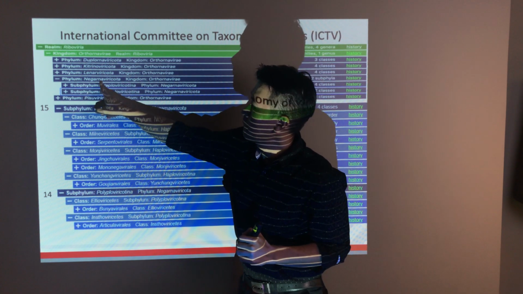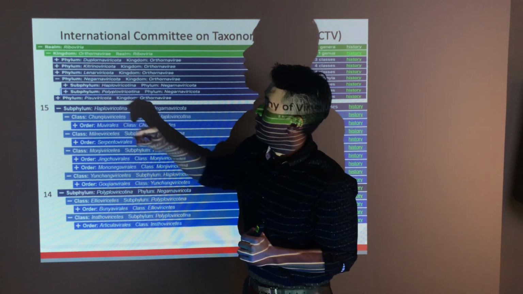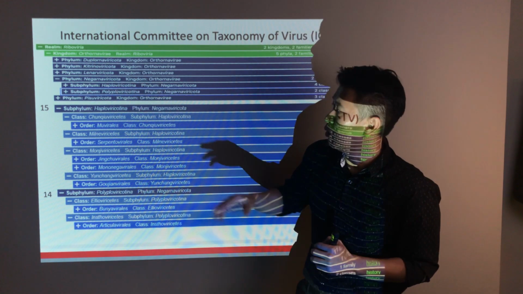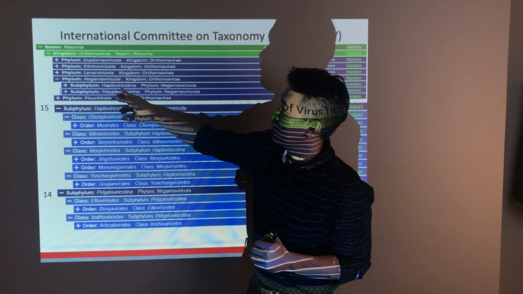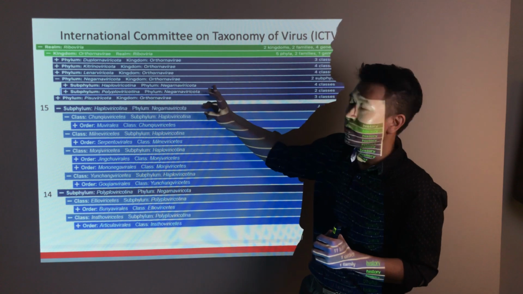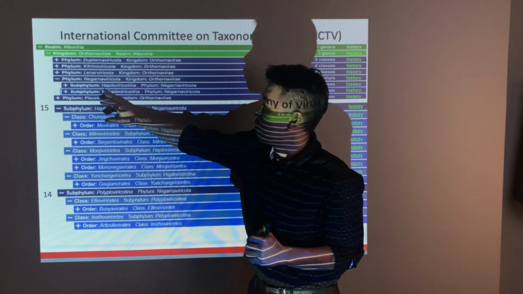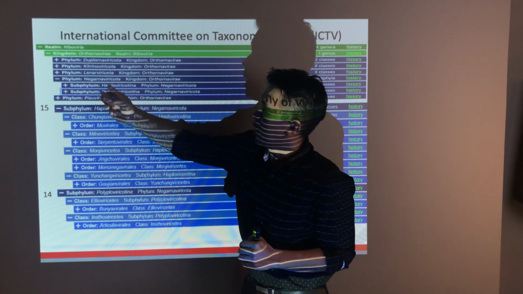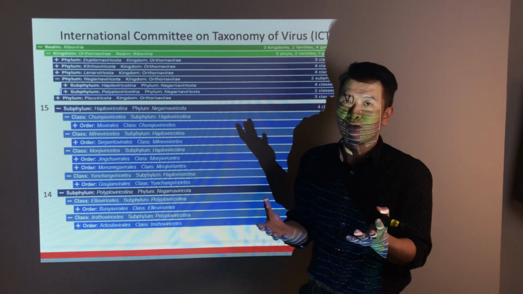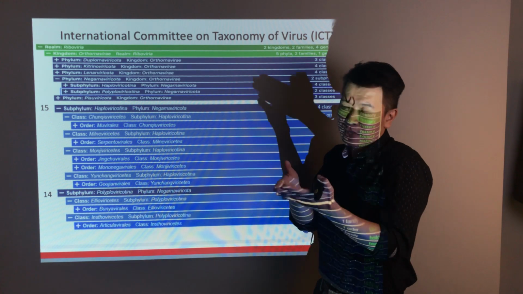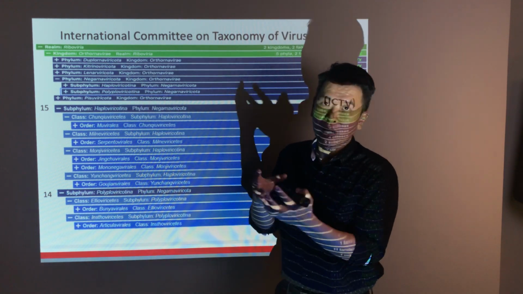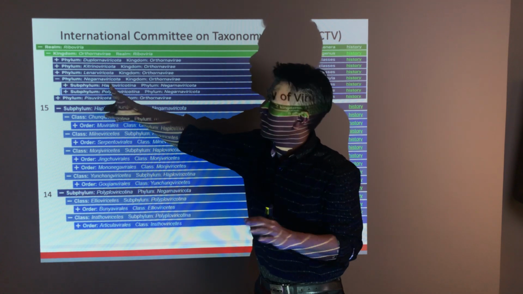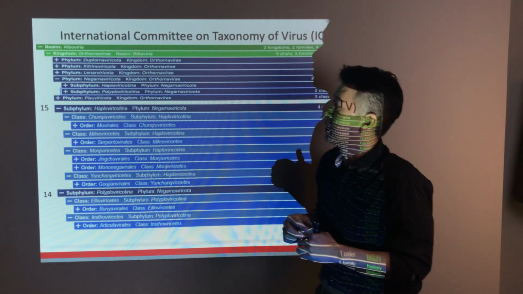This is not M, this is R-N-A: Negarnaviricota. Then we have two subphyla. One subphylum, Haploviricotina, is the non-segmented viruses, and we also have Polyploviricotina. As you learned from science previously, haplo is single and polyplo is many, so haplo means single, non-segmented, and polyplo means segmented.